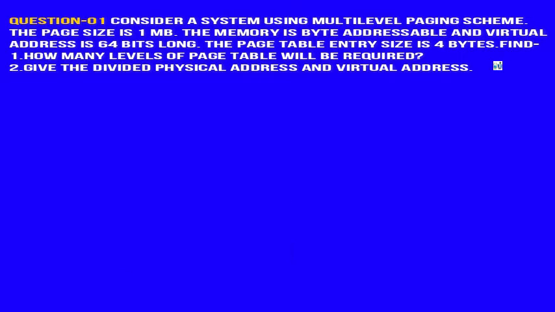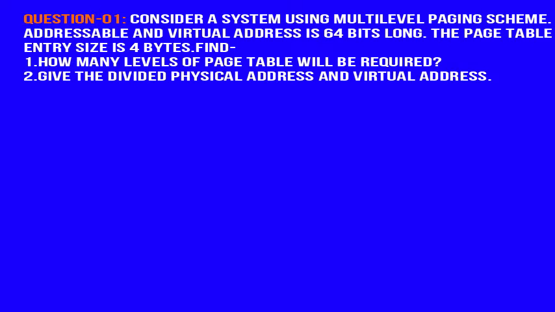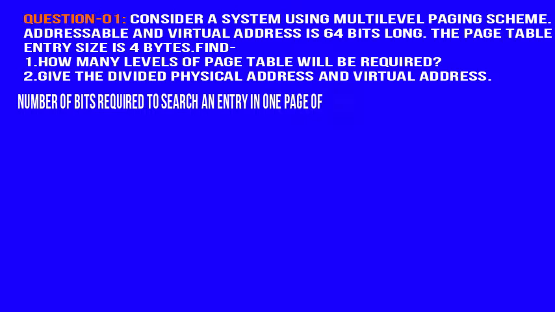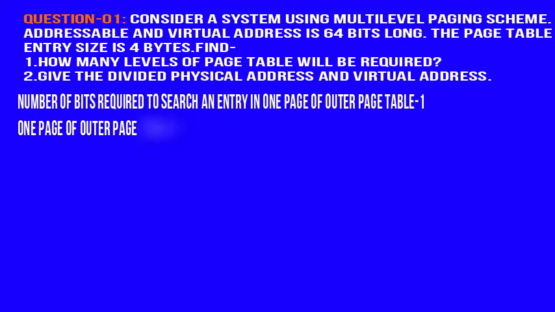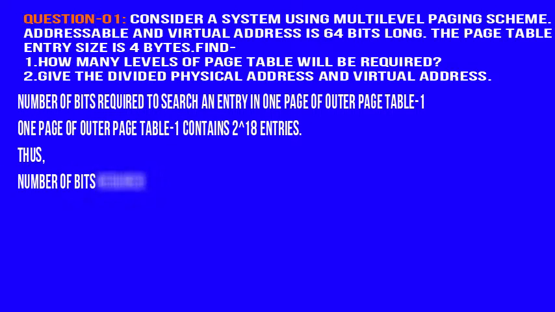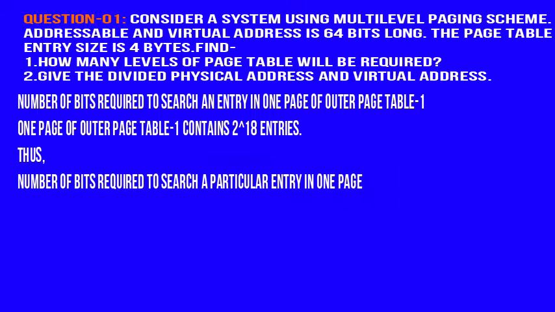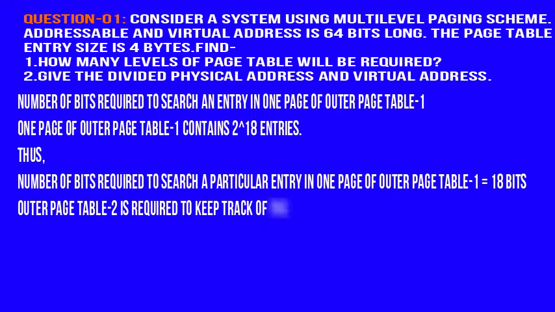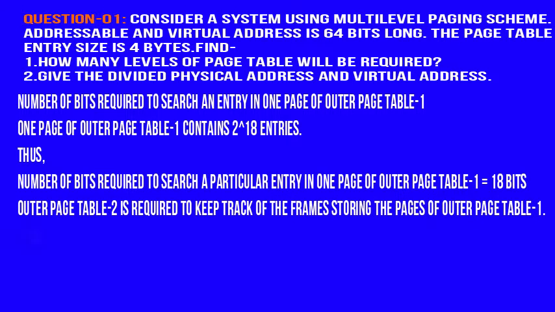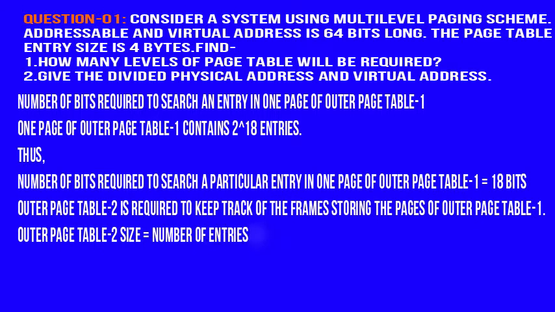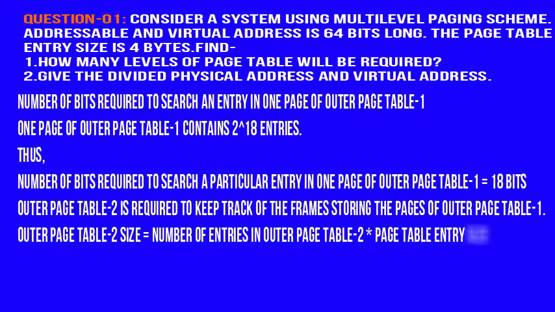It means 2 to the power 18 entries. Number of bits required to search an entry in one page of the outer page table: one page of the outer page table contains 2 to the power 18 entries. Thus, the number of bits required to search a particular entry in one page of outer page table 1 is 18 bits.